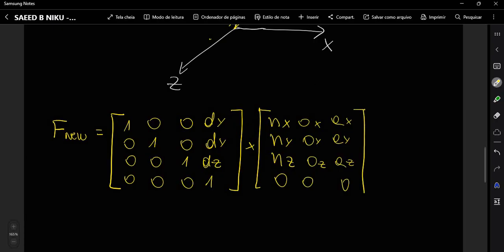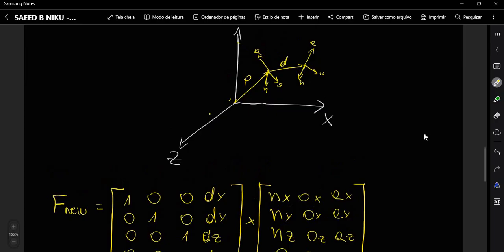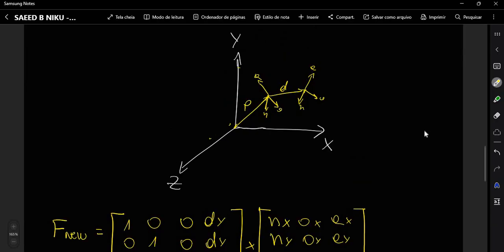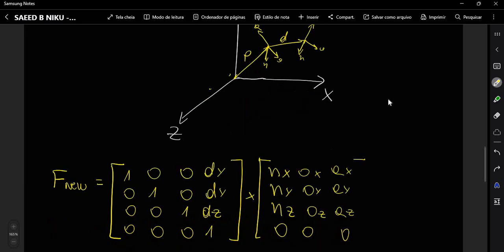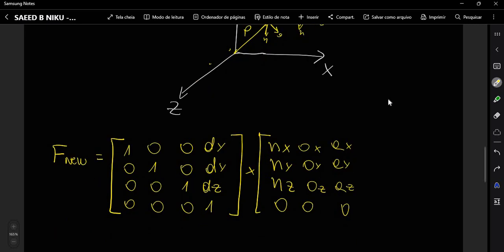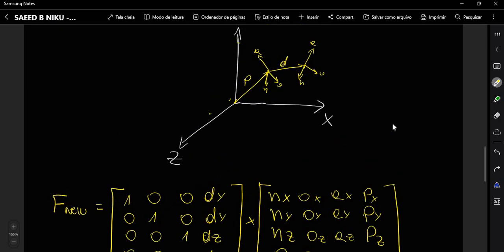Now I realize that I changed the order of my explanation. That is the matrix of the vector P, and that is the matrix of the vector D, which is this one.